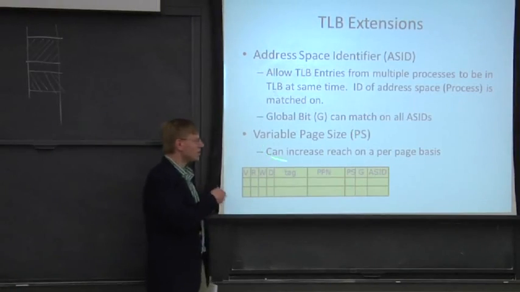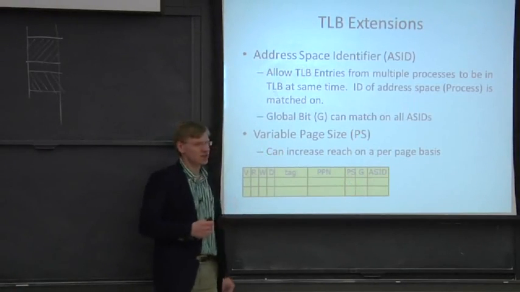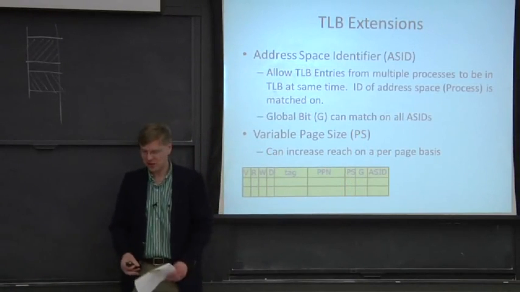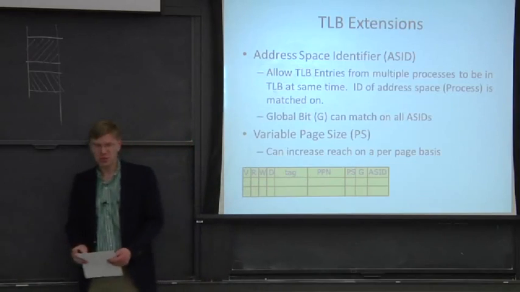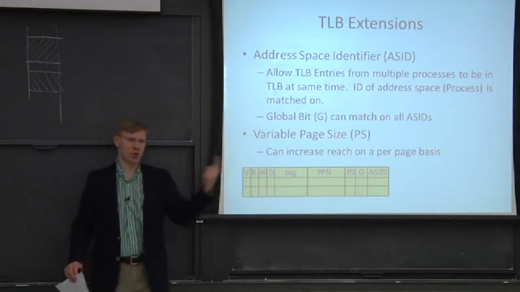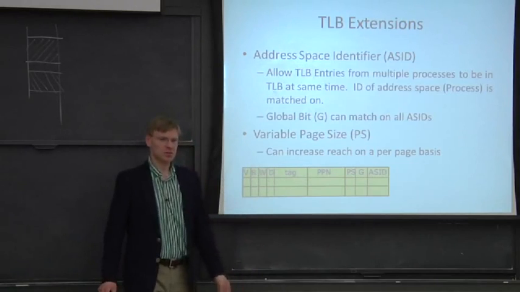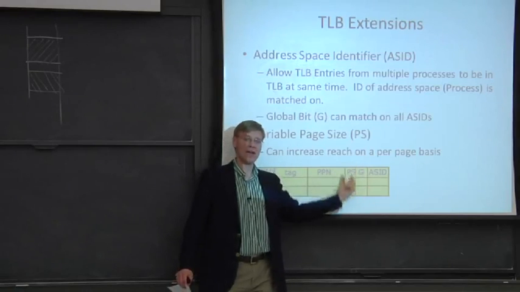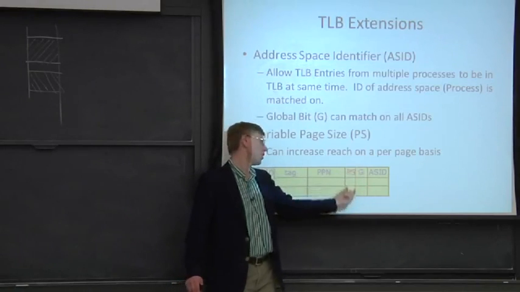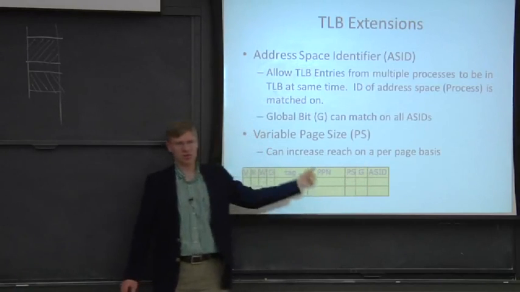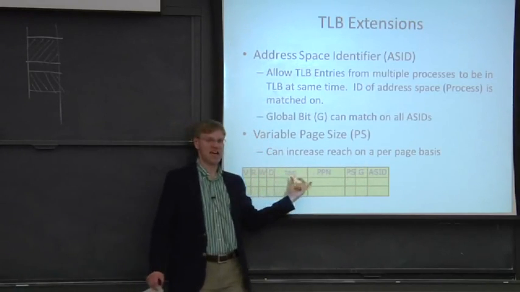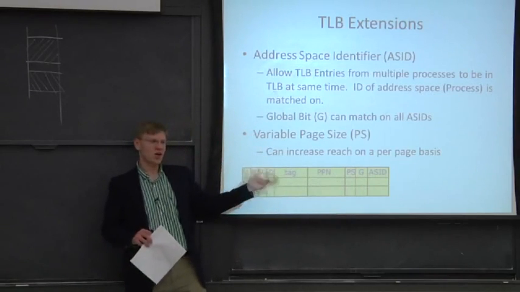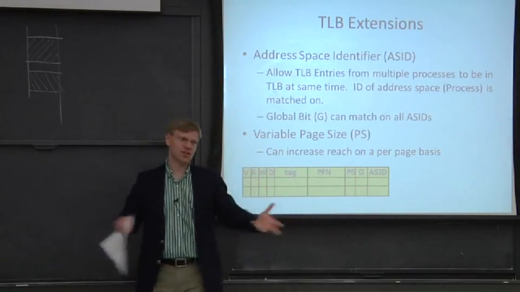And finally, a neat extension here is to have variable size pages. Instead of our basic TLB, which has, let's say, one page size, 4 kilobytes or 1 megabyte or something like that, you have some bits in the page table entry which say, this is part of the match. You do have to look this up, because it changes how many bits of the tag to look at, and the output is a different page size.